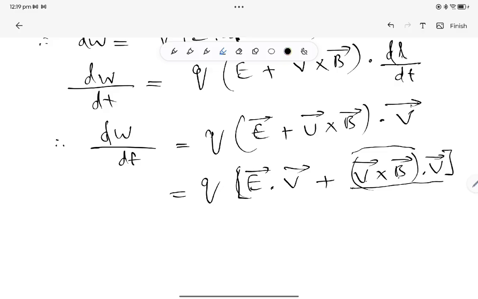So no work is done by the Lorentz force. Then we have Q E dot V.